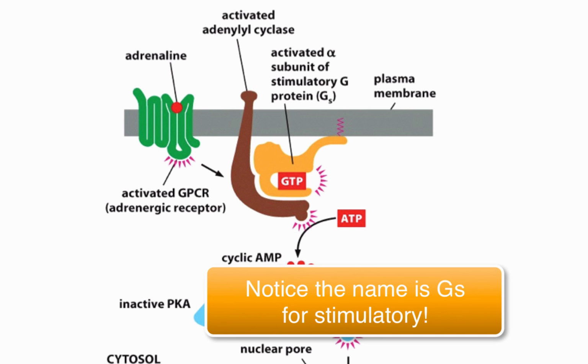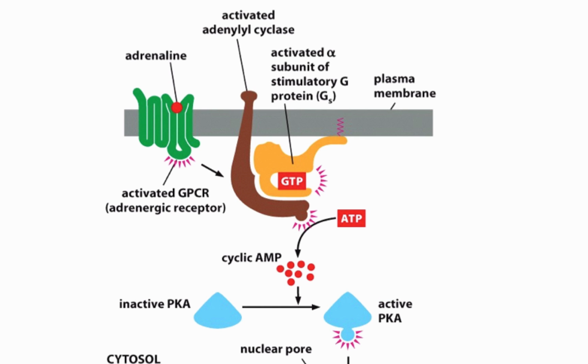So the G protein will now have GTP bound to it, and that is going to be associated with the adenylyl cyclase, activating the enzyme. When adenylyl cyclase is activated, it's able to take ATP and generate cyclic AMP. Now, the interesting thing is that cyclic AMP, as a soluble molecule, is able to diffuse through the cytoplasm and bind to an inactivated kinase called protein kinase A.